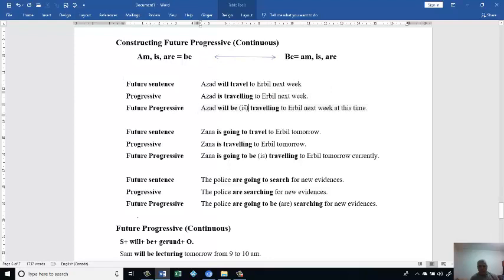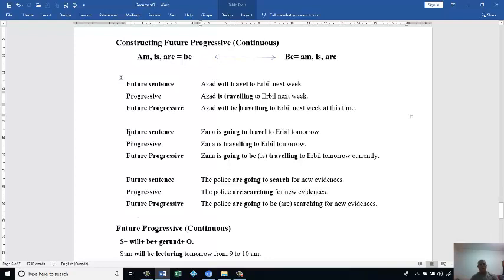We switch it with be. That's the reason we got this be, from this is. Then we delete this is. That's the reason we put it between two brackets, only to know there was an is here, and we switch it to be. Then we say Azad will be traveling to Erbil next week at this time.